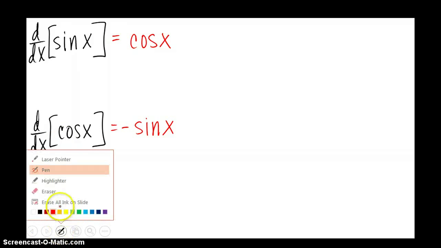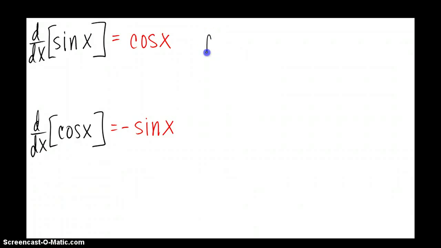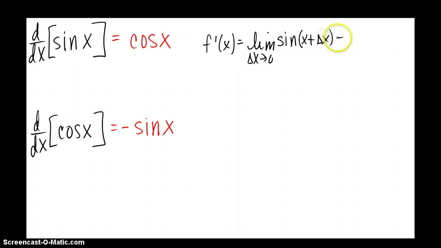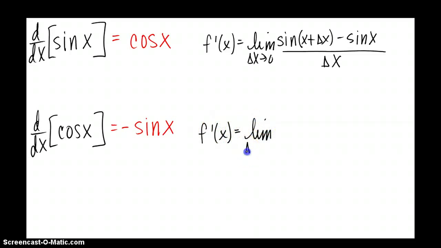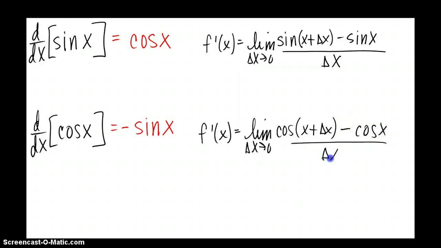And you're going to prove that using the definition of the derivative. So, limit as delta x approaches 0 of sine of x plus delta x minus sine of x, all over delta x. And then for cosine, limit as delta x approaches 0 of cosine of x plus delta x minus the original function, all over delta x.